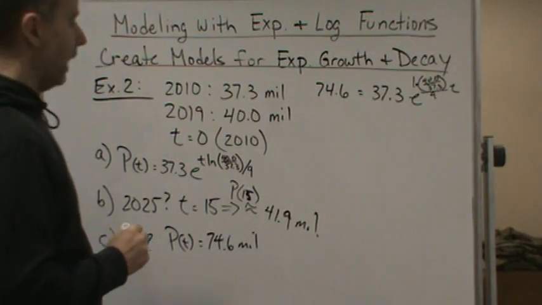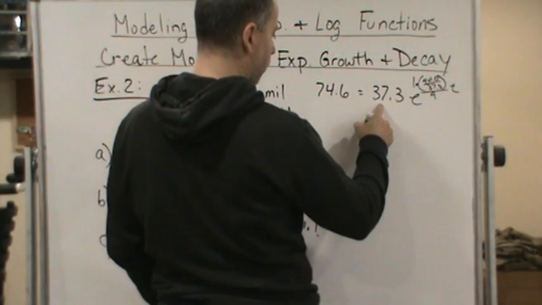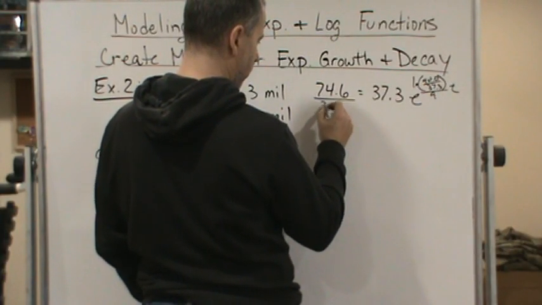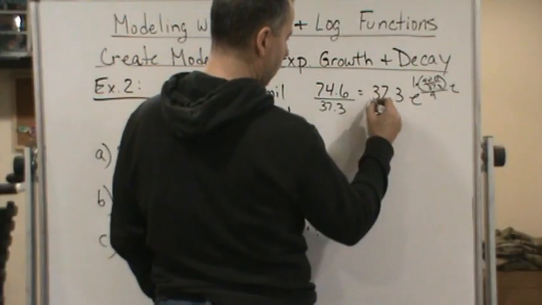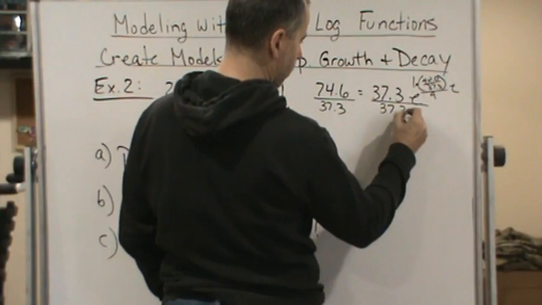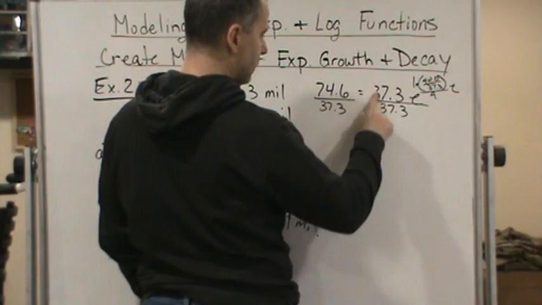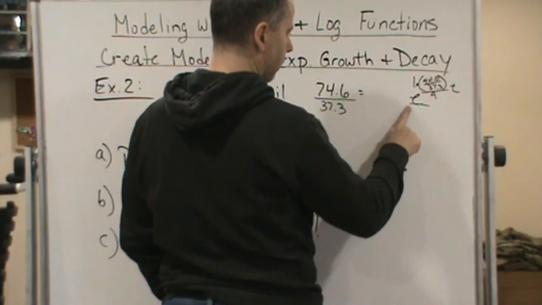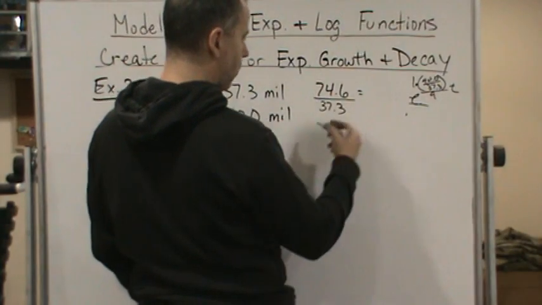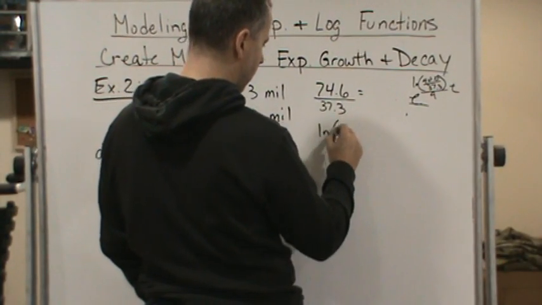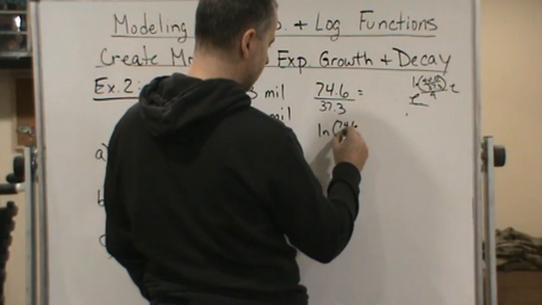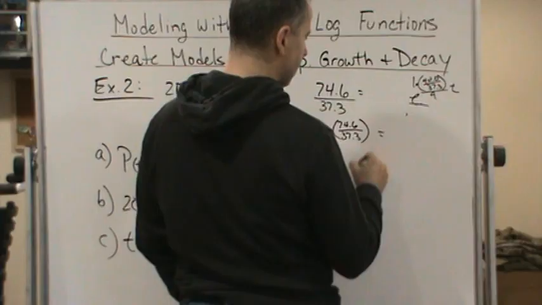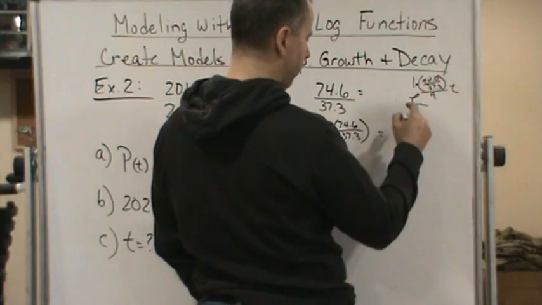We divide both sides by 37.3, and that goes away because it becomes 1. Now we take the natural log of both sides: the natural log of 74.6 over 37.3 is equal to the natural log of this.